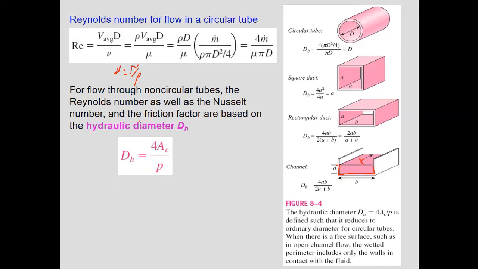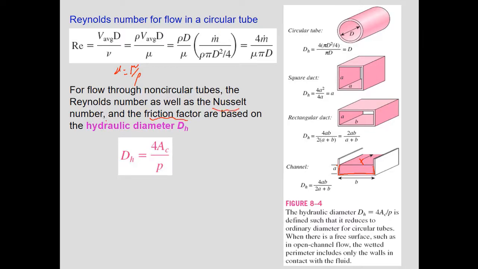This hydraulic diameter can be used to calculate the Reynolds number. Here we can put DH instead of D for all of these shapes. Also, it can be used in our Nusselt number calculation, and to calculate the friction factor.